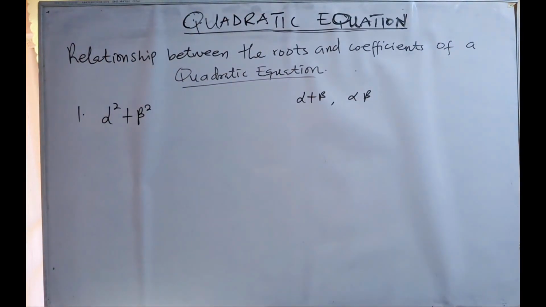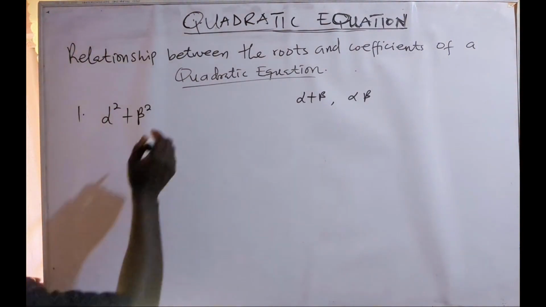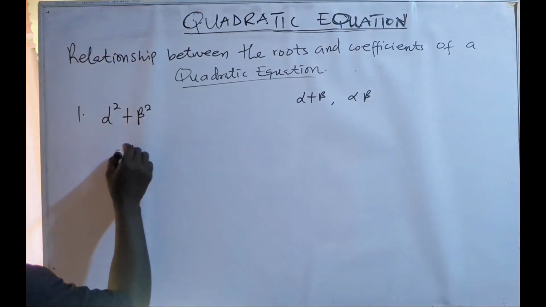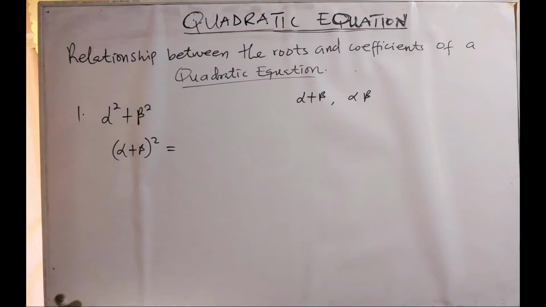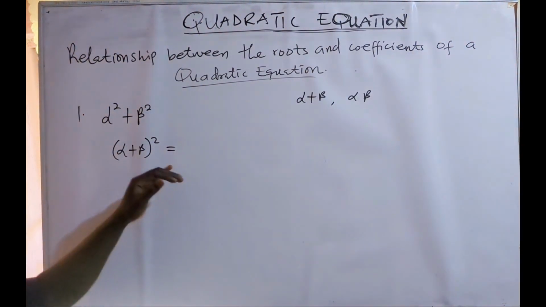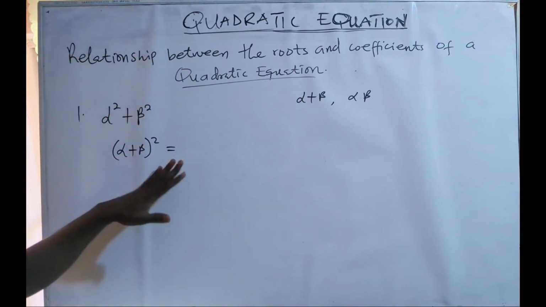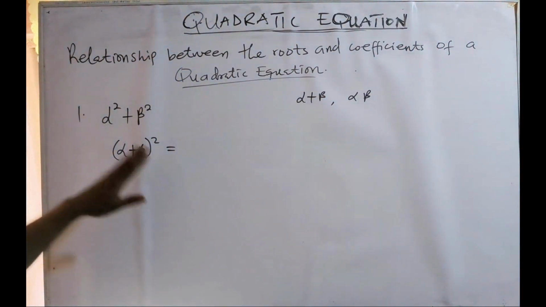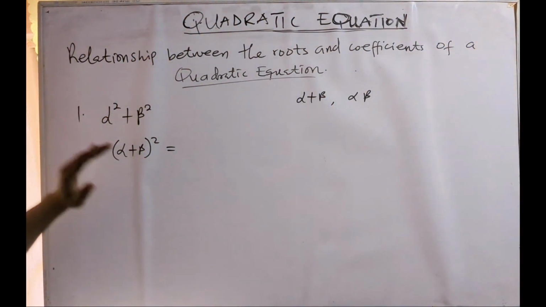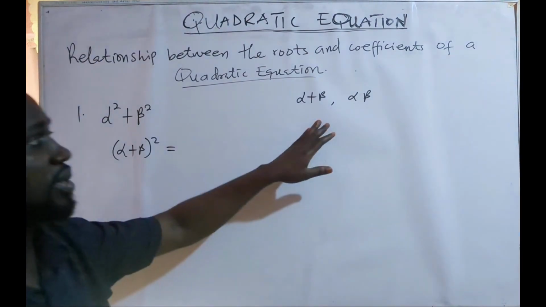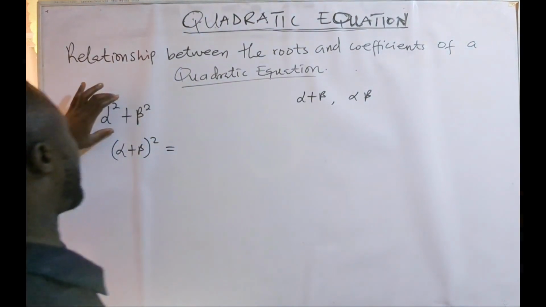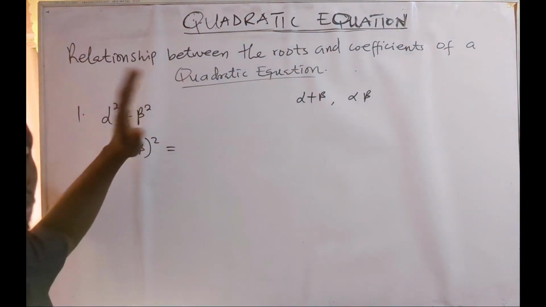So what we know is alpha plus beta all squared. I'm going to use alpha plus beta all squared to get alpha squared plus beta squared in terms of the sum and the product, so that when I'm asked a question, I'll be able to use the two to calculate.